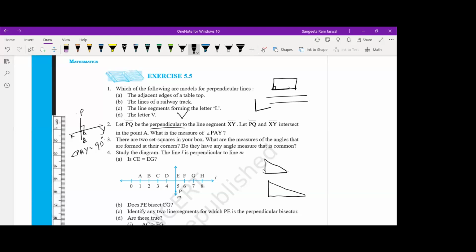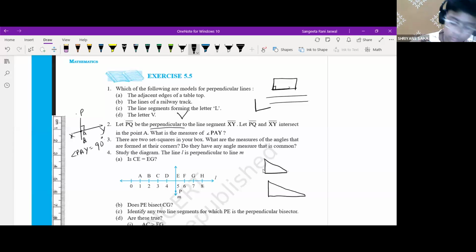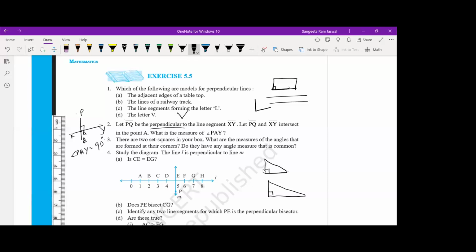So you see 90 degrees in both the set squares, right? But what do you see here? In one set square, one side is longer and the other side is shorter. But in another set square, the two sides are of equal size. Just check which set square has equal sides.